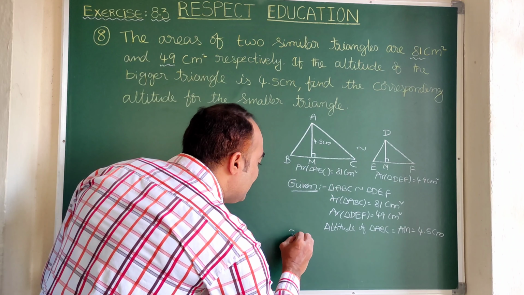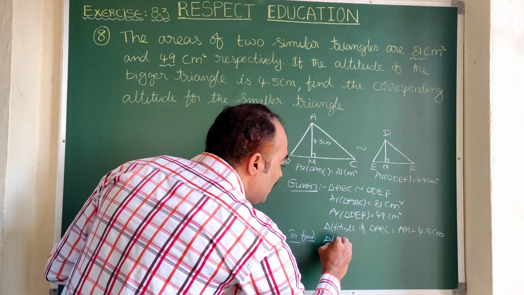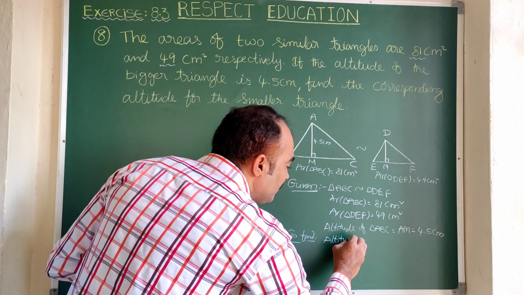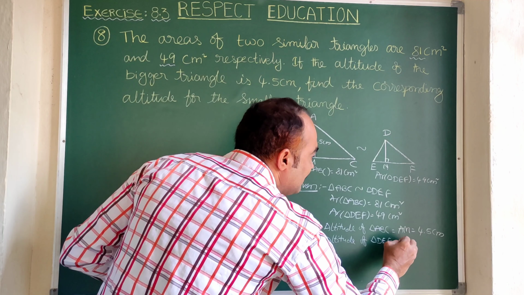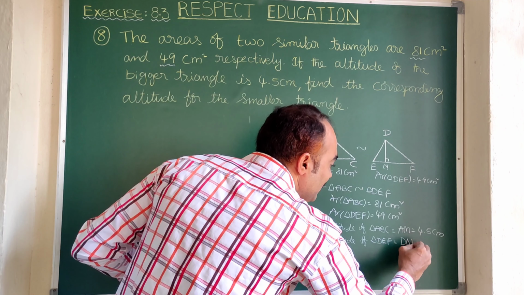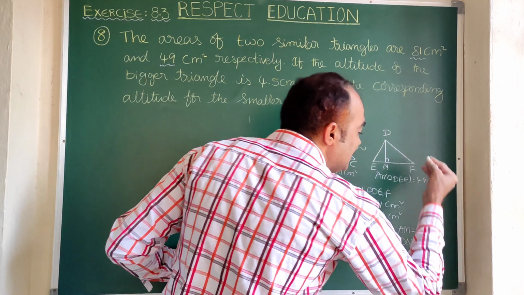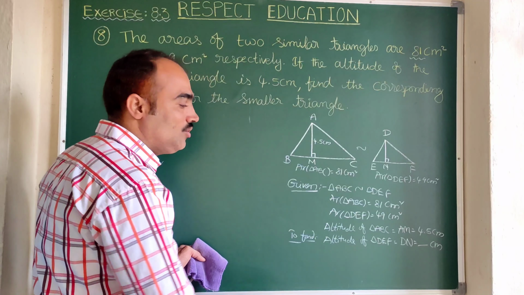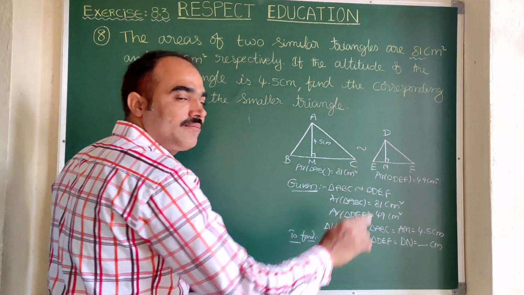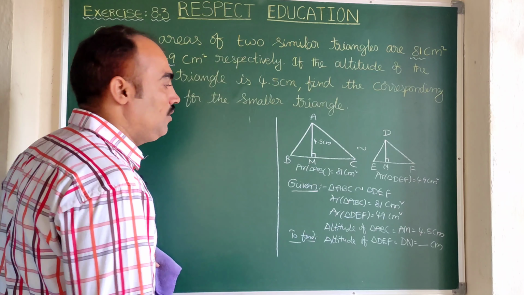To find the corresponding altitude of triangle DEF, that is DN. We know the unit is centimeter, because the area is in centimeter square and the side is in centimeter. So the altitude is in centimeter. Now let us see how to solve this.